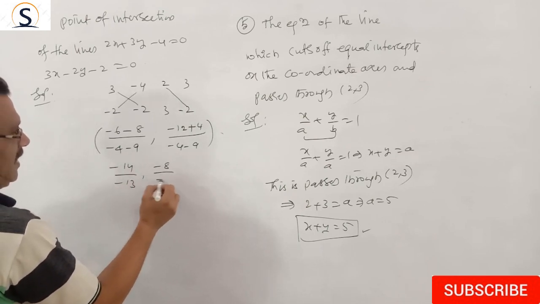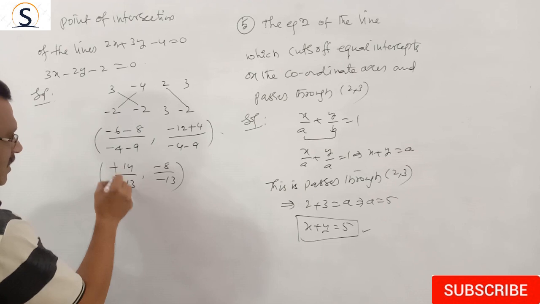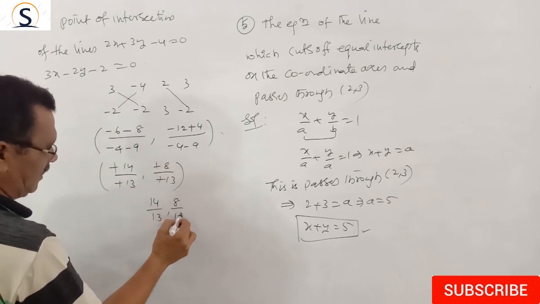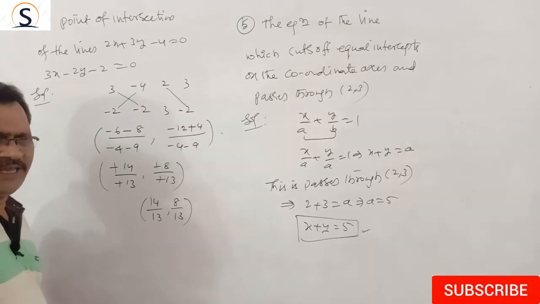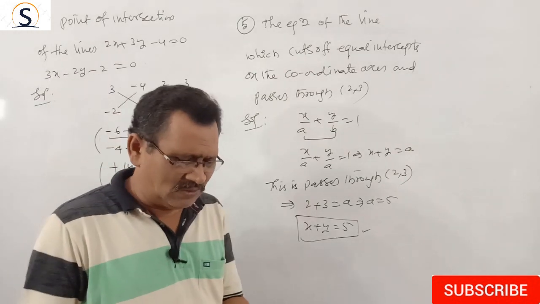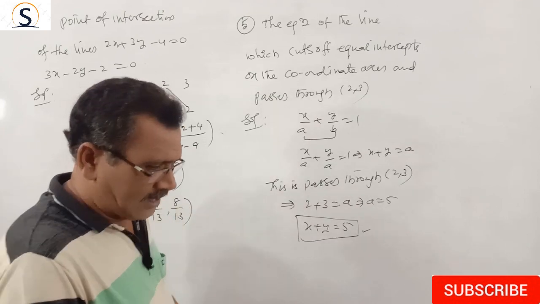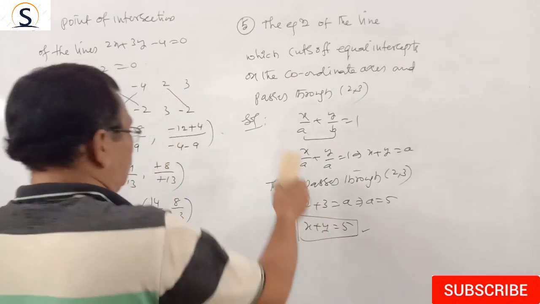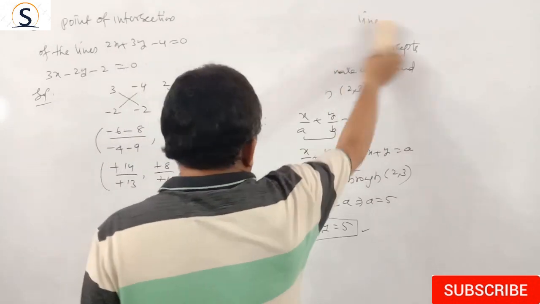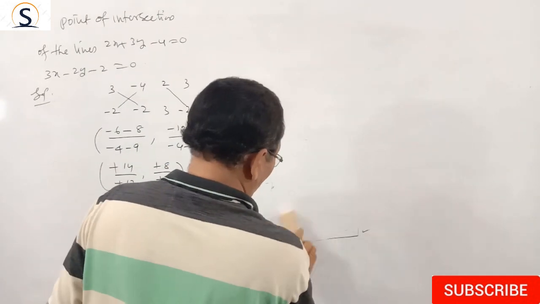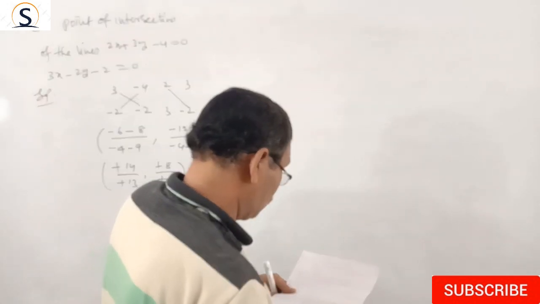This is minus 8 by minus 13. Minus cancels. 14 by 13, 8 by 13. If you take A1, B1, C1, A2, B2, C2, applying the formula, if you remember one symbol, then you get so much difficulty. Therefore, simply arrange the coefficients in this form and then find out the point of intersection of the two lines. Okay.